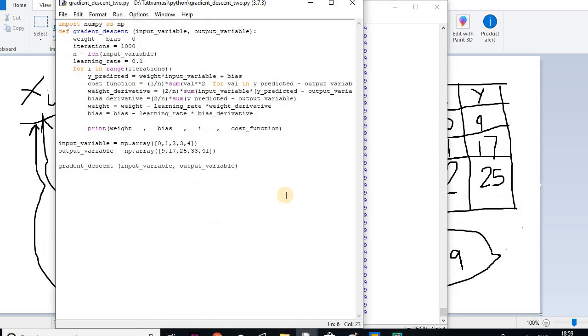Now we can try this. This is 0.1, right? Let me try this value, 0.09. So this is lesser than 0.1. So how does it work? Let me try it.